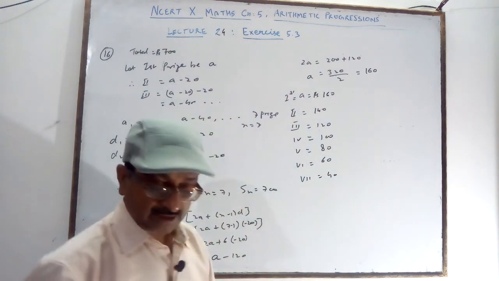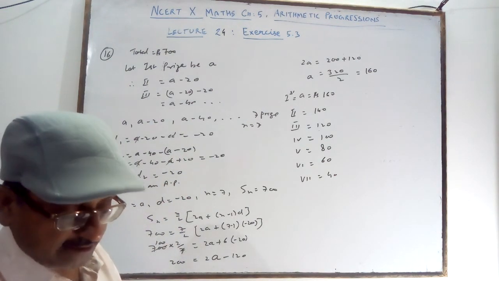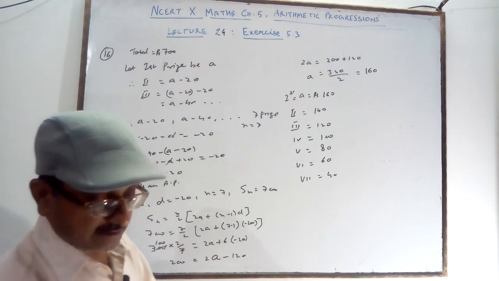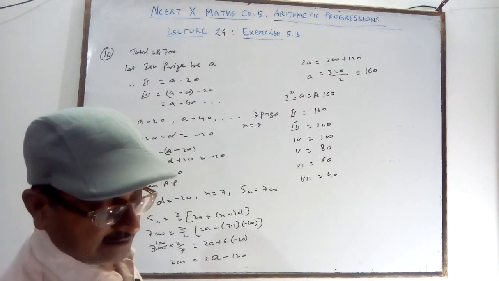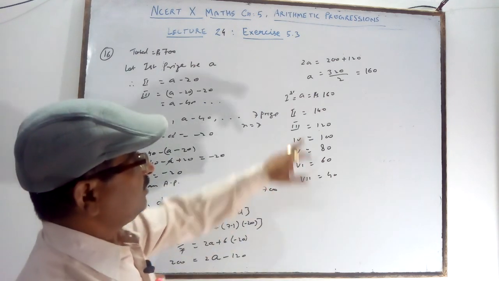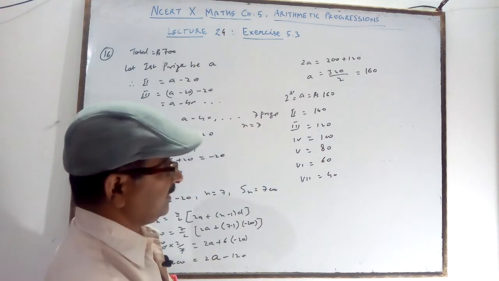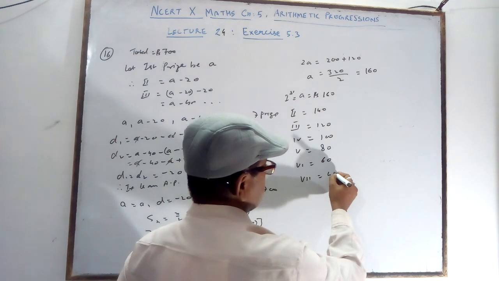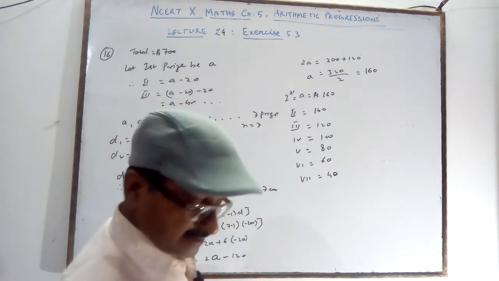So you are getting all 7 prizes: 160, 140, 120, 100, 80, 60 and 40. Each prize value is decreasing, and each is 20 less than the previous.